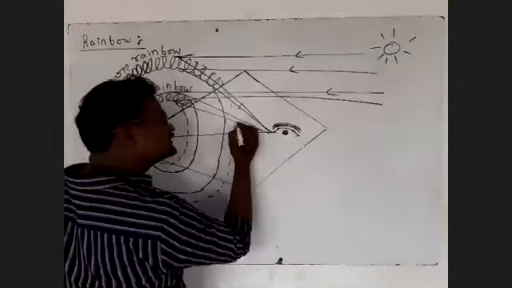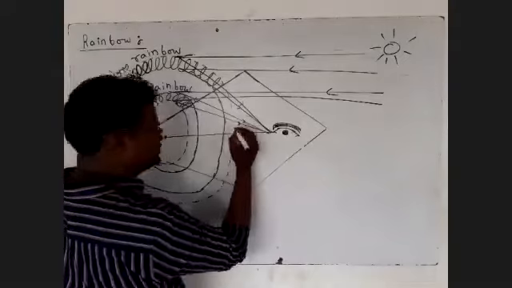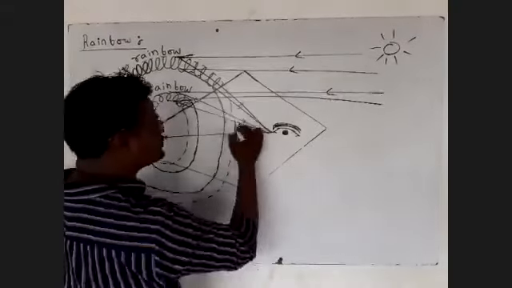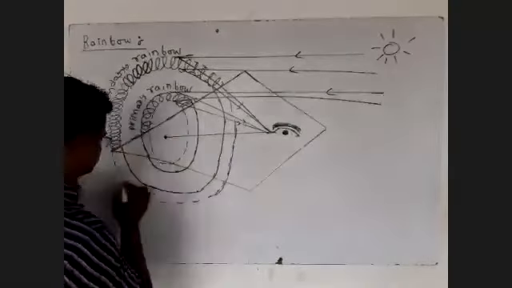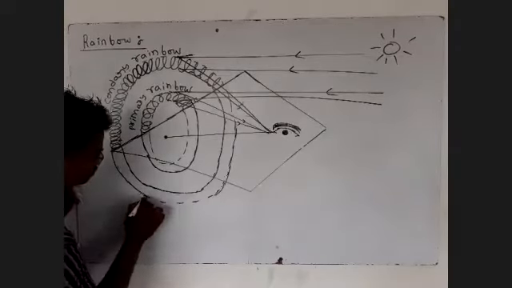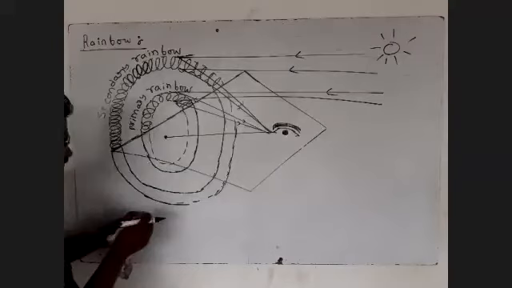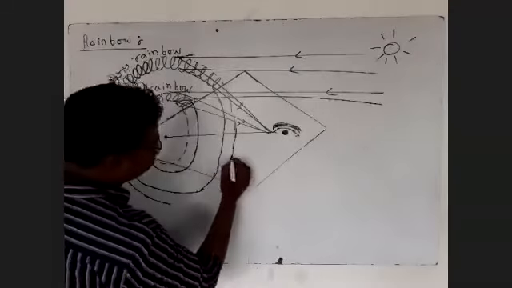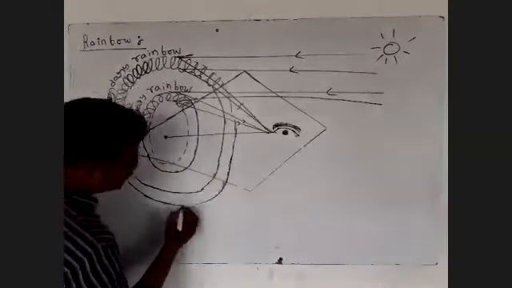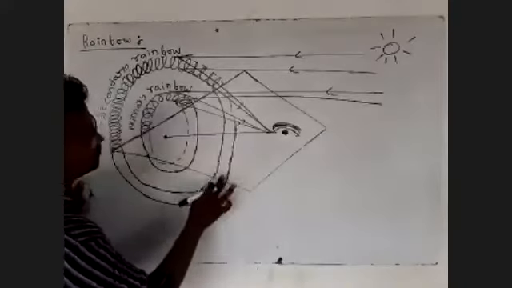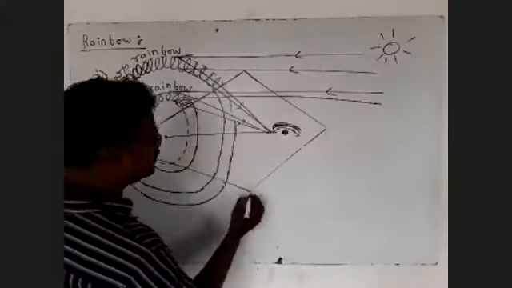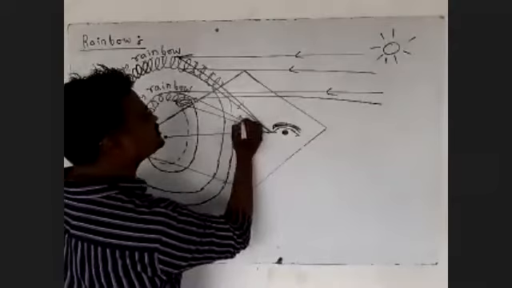So this color is violet. This is violet, and this is red.